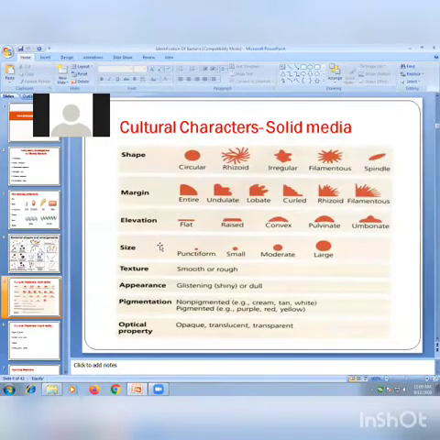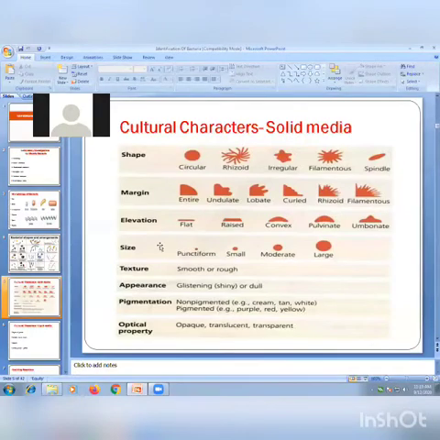Now, after the study of the morphological picture, the next and most important is the study of the cultural characteristics of that bacteria. What we learned in the first topic, the physiology of bacteria, is that whenever we grow bacteria on the surface of solid media, one cell produces one colony, and in one colony 2 lakh organisms may be present, because binary fission occurs every 20 minutes.